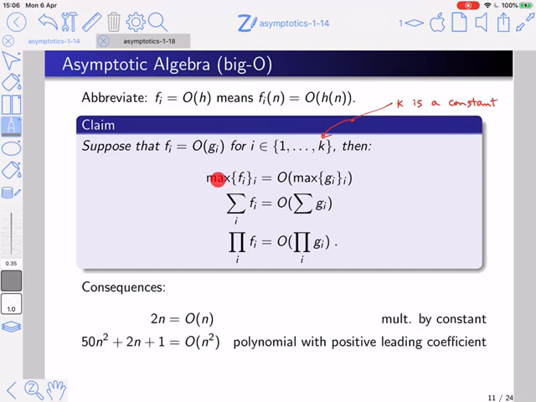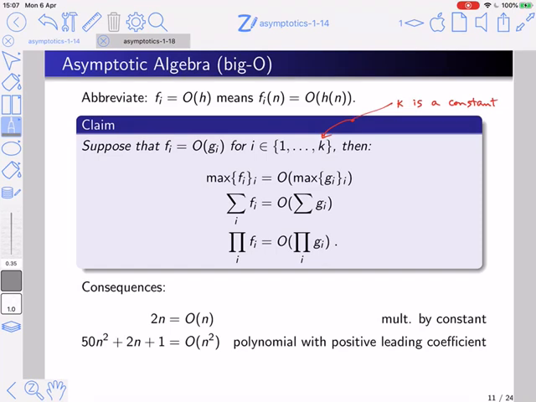The first part of the claim states that if fi is big O of gi, then the maximum over all the i's of fi is big O of the maximum of the gi's. The second part of the claim says if I take the summation of these functions, it will be big O of the sum of the gi's. And if I take the product of these functions, it will be big O of the product of the gi's.